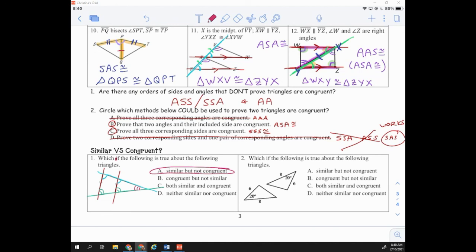which of the following is true about the following triangles? So we have a 6 side, a 20-degree angle, and an 8 side. 6 side, a 20-degree angle, and an 8 side.